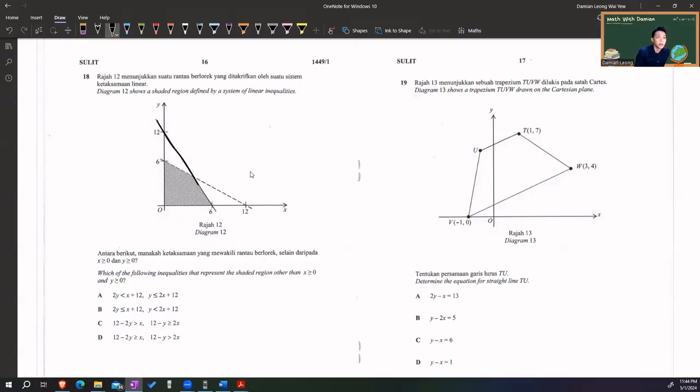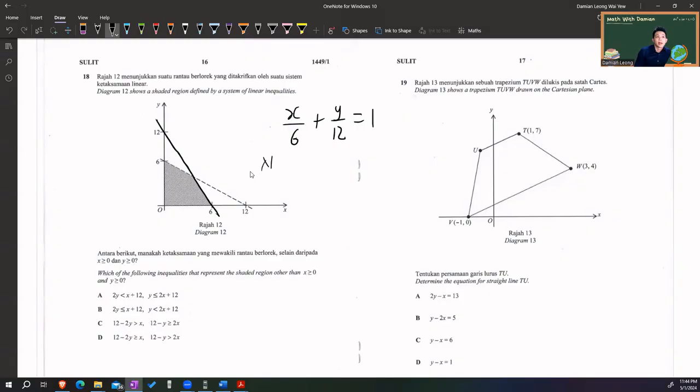If we look at this one, I have the x and y intercepts. So gradient is negative y-intercept over x-intercept, or I can straight away put x over x-intercept plus y over y-intercept equals 1. Then we get a fraction.